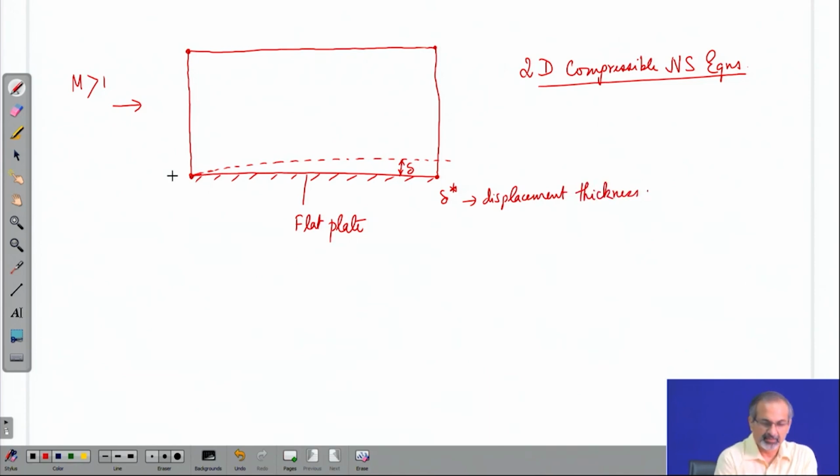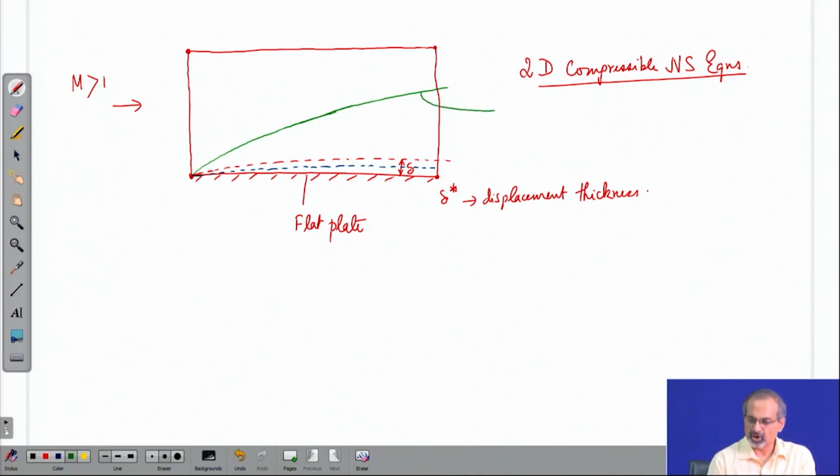So, that displacement thickness is usually smaller than delta, but nevertheless it will be there, and that will give a slightly inflated shape to the flat surface, which means the flow will get compressed to some extent, and therefore, there will be a formation of a weak shock, because you have a supersonic flow impinging on the surface, moving parallel to the surface.